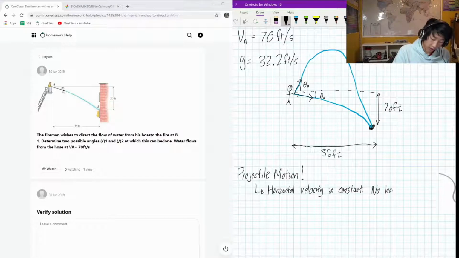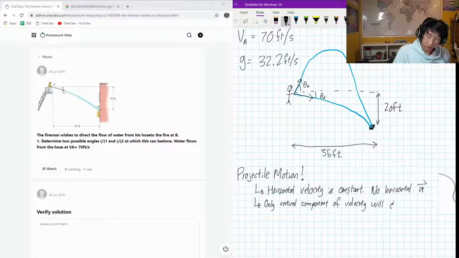No horizontal acceleration. Only the vertical component of the velocity is going to be changing.